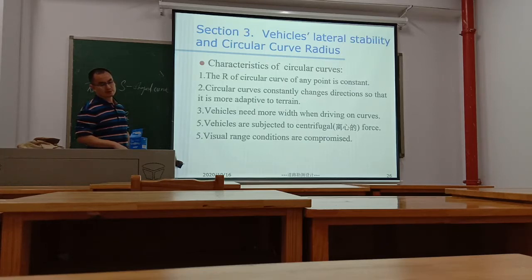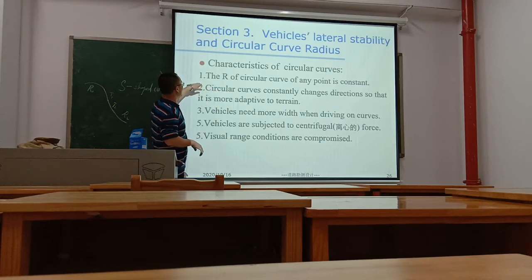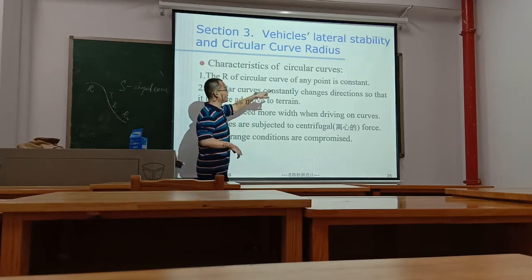There are some following characteristics of circular curves. 1. R is the radius. The radius of a circular curve at any point is constant.